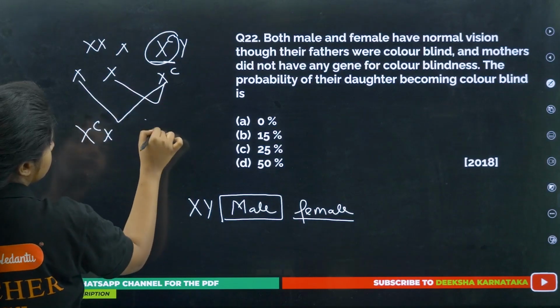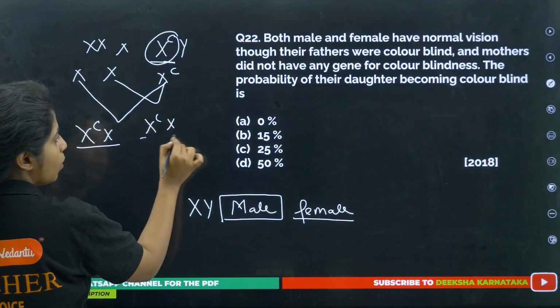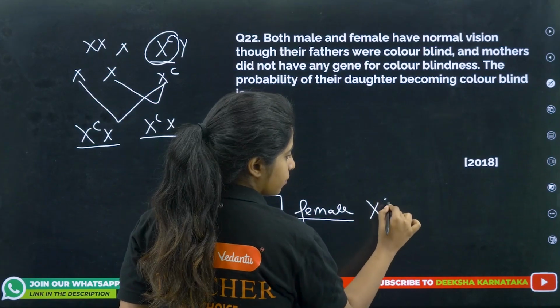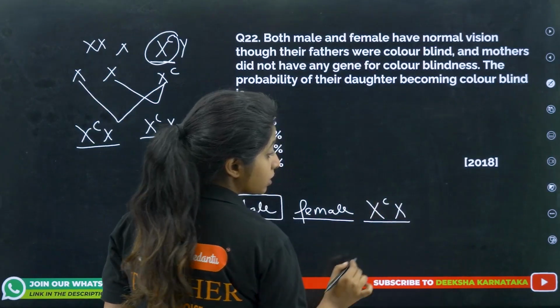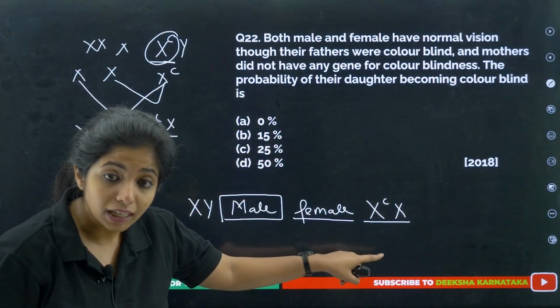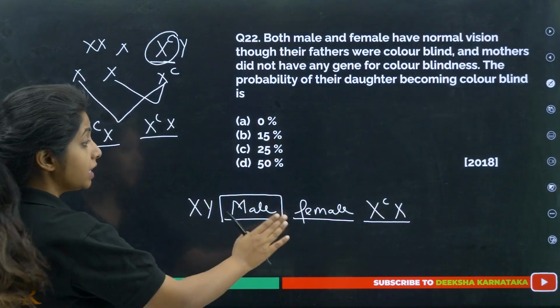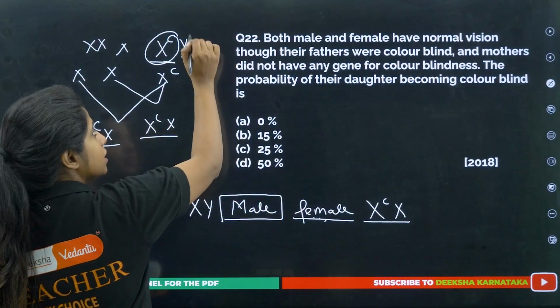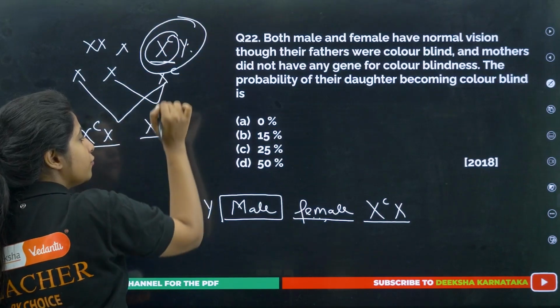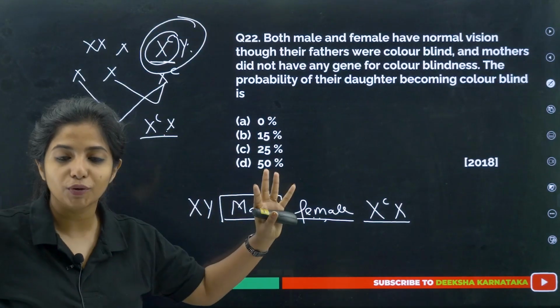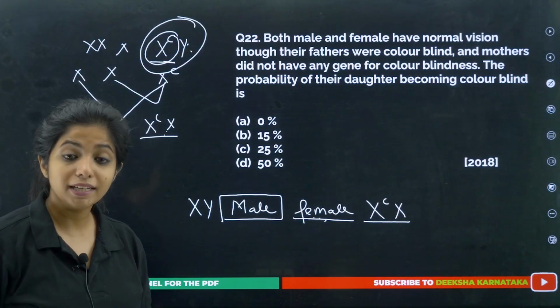Even when it crosses with this, you get XCX. So whatever females are produced will be a carrier for sure. So this female who is said to have normal vision is a carrier for color blindness. You got it? If it is said the female's father is colorblind, that means the female has to be a carrier, my dear children. Whatever you do, there is no option. Please understand that fact.